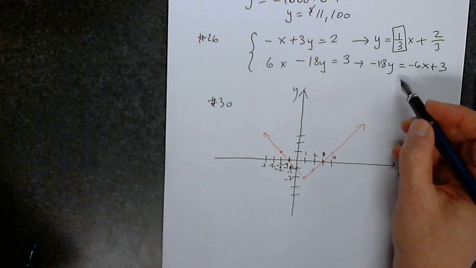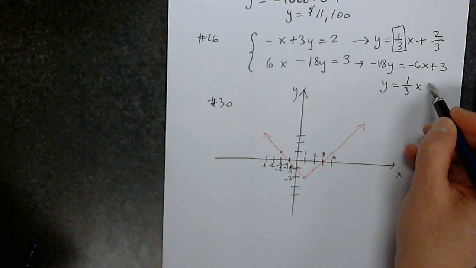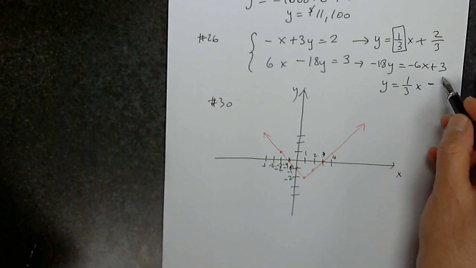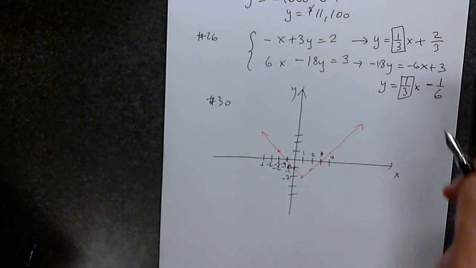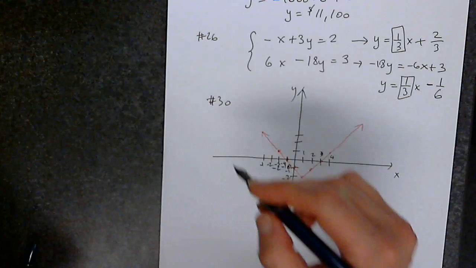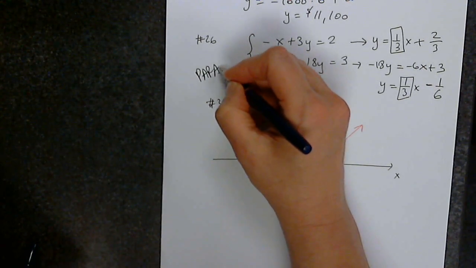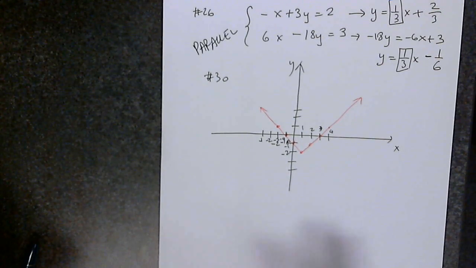We divide both sides by negative 18, so y equals 1/3 x minus 1/6. So the slope of the second line is 1/3. What do we conclude about the lines? Parallel. Good.